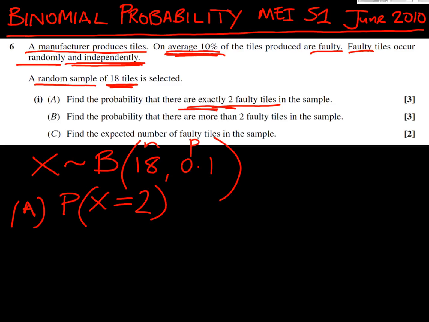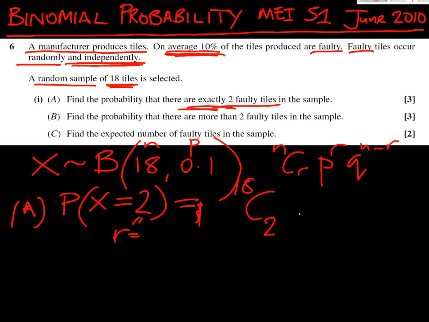Either we can use our formula. What's our formula for one of these? It's n choose r, p to the r, q to the n minus r. So if we were doing the formula method, what have we got here? We know n is 18, and r is our number of successes, that's 2, so 18 choose 2.